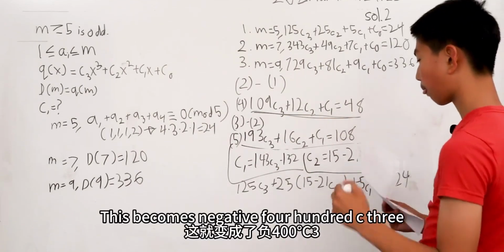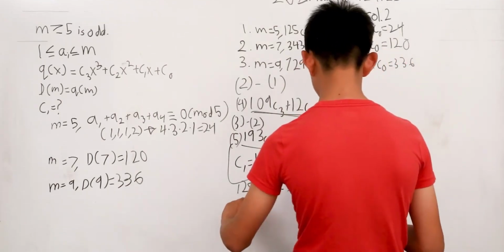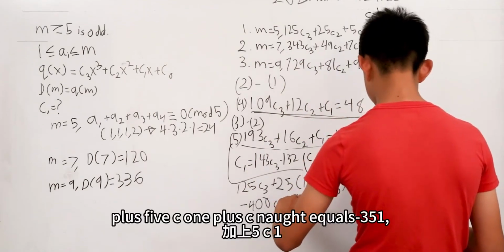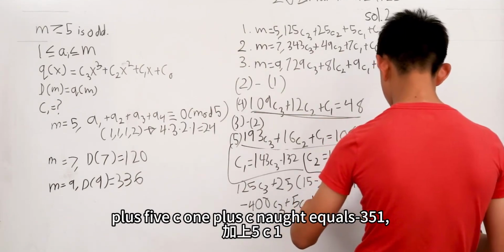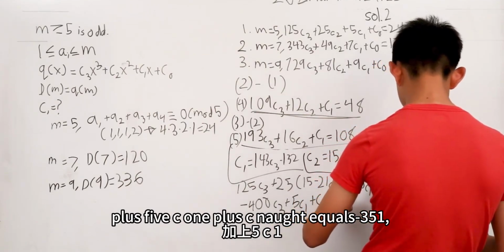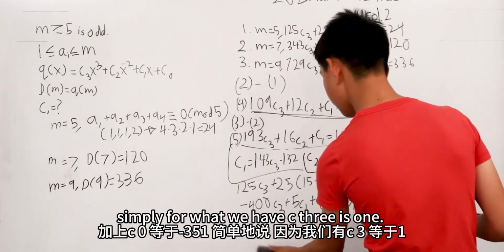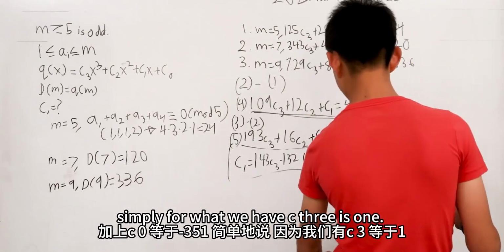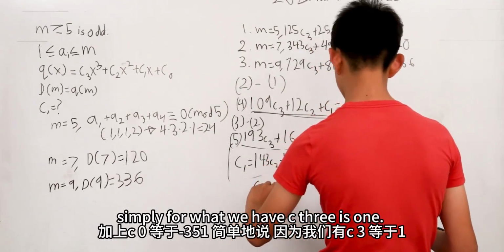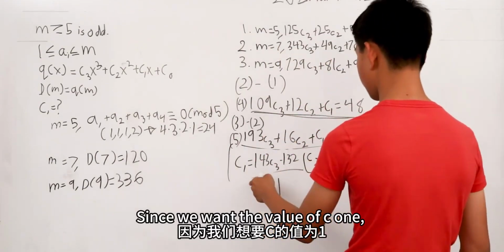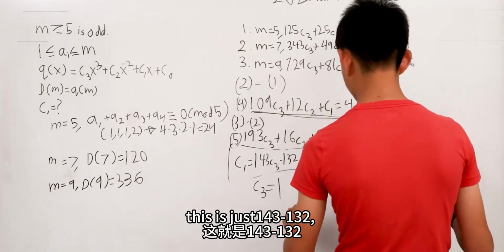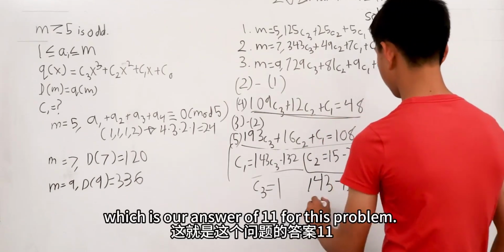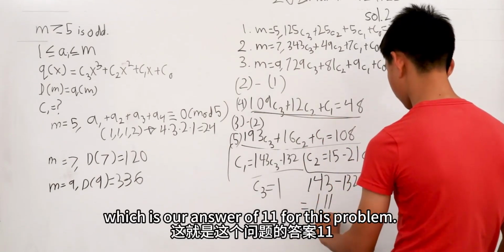This becomes negative 400 C3 plus 5 C1 plus C0 equals negative 351. So simply, C3 is 1. Since we want the value of C1, this is just 143 minus 132, which is our answer of 11 for this problem.